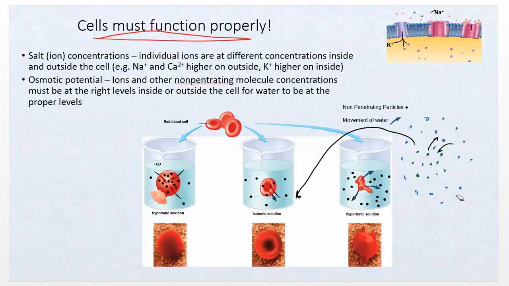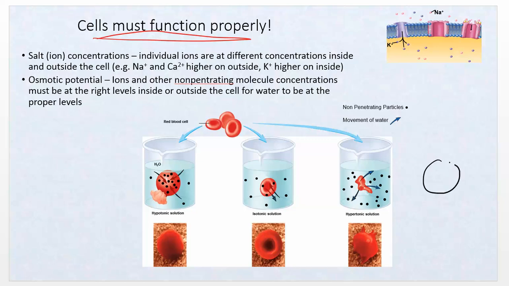Now, if, oh, I erased it, sorry. Now, if the cell, let's see, I'm just going to draw it again real quick. If I have more of a concentration inside than I have outside, then the water is going to look at this and say, oh, look, there's a higher concentration of particles, doesn't care what they are.